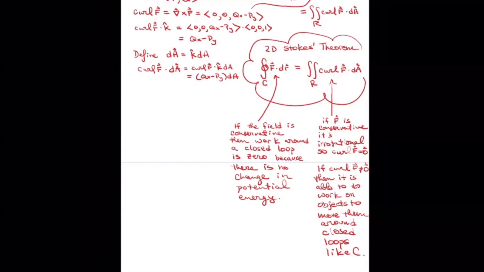And all we're saying is that fields like that can do work on objects to move them around closed loops. Does that make sense? Only if the curl is not zero can the field do work to move things around loops. Otherwise, if the curl is zero, then the field isn't doing any work. It will not contribute to the motion.